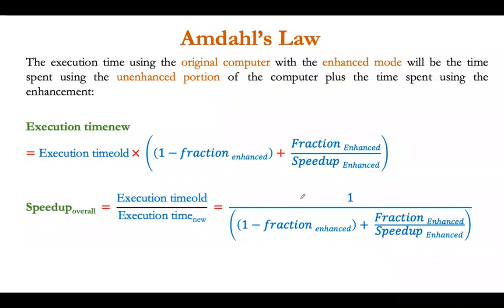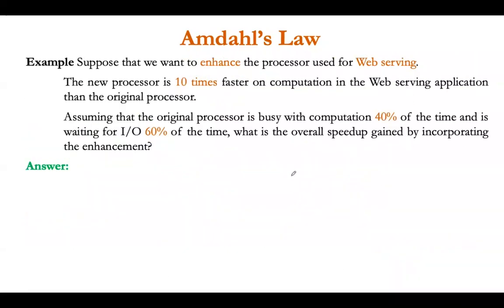So let us see this with an example. Suppose that we want to enhance the processor used for web serving. The new processor is 10 times faster. That means the new processor is 10 times faster in computation in the web serving application than the original processor.